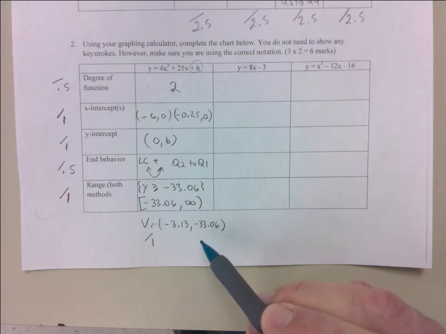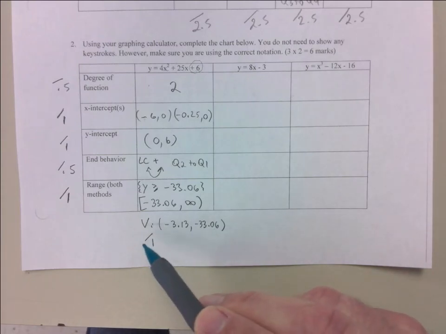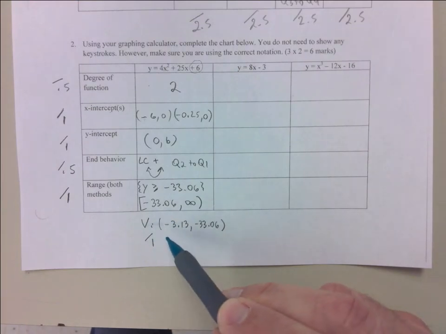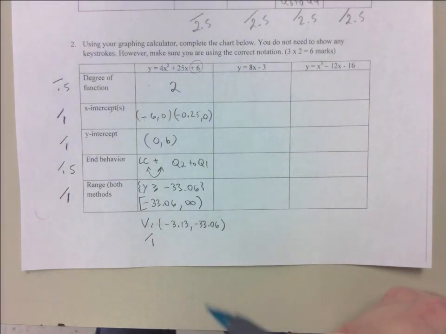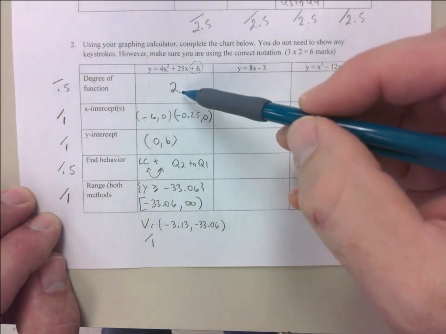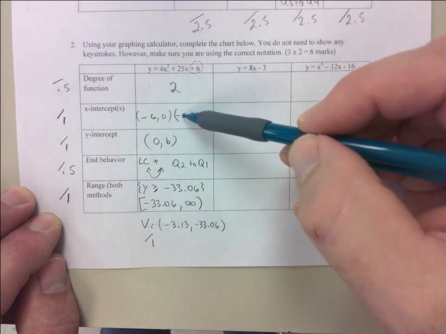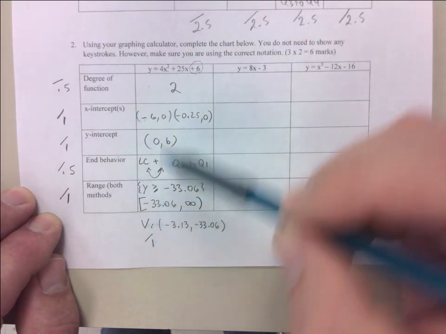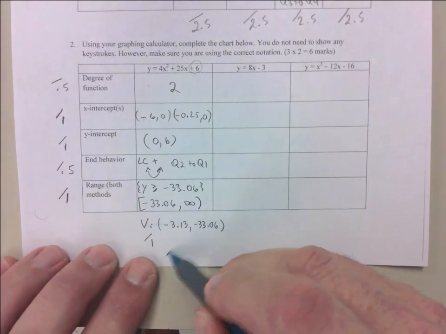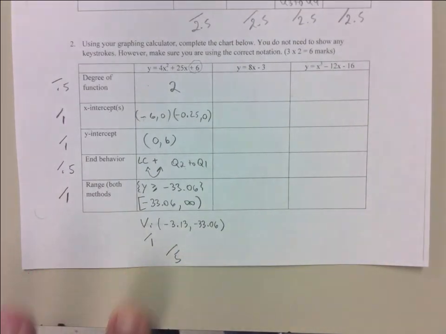And that will include, in this case, the vertex itself gets a full mark. So for this column, it would be 1.5, 2.5, 3, 4, 5. So for this column right here, you're looking at a total of 5 marks if you've done all of that correctly.